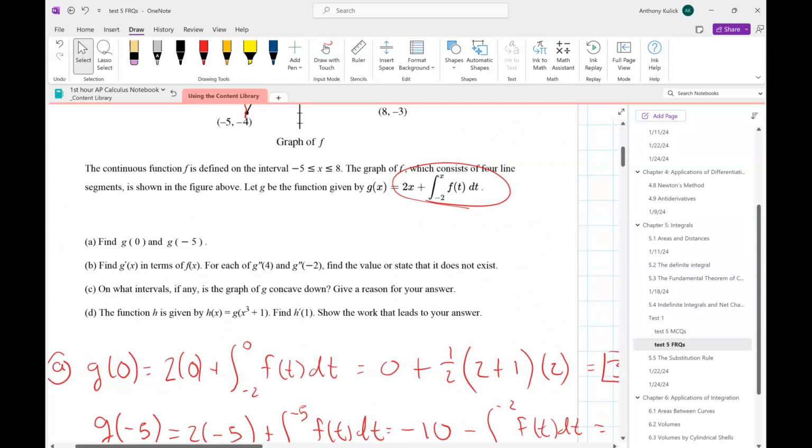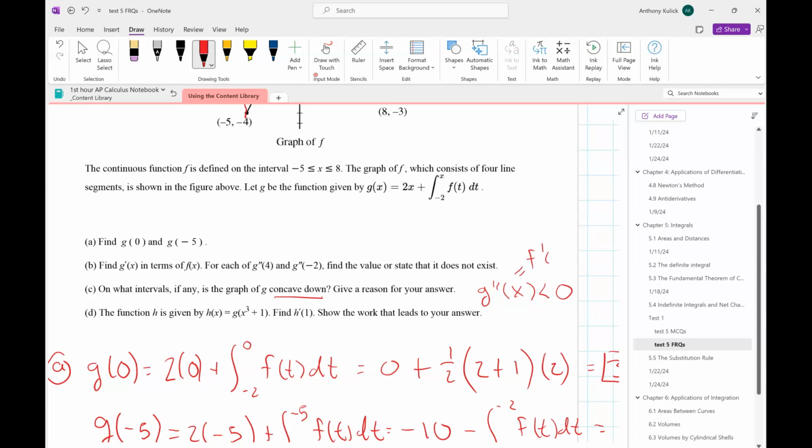Part C says, on what intervals, if any, is the graph of G concave down? Give reason for your answer. I think this is probably the trickiest piece. Concave down is where the second derivative is negative. And remember, the second derivative is the same as the first derivative of f.